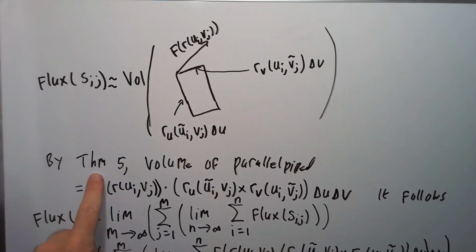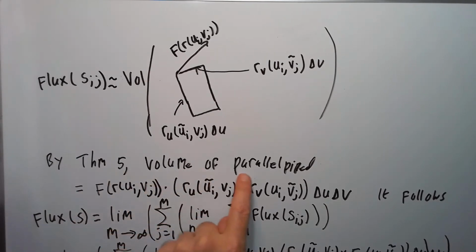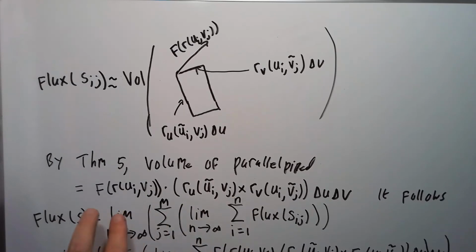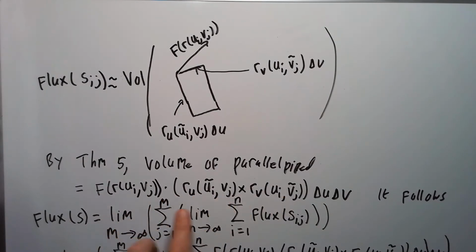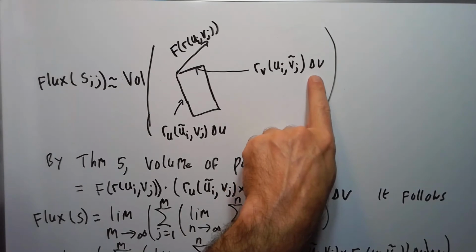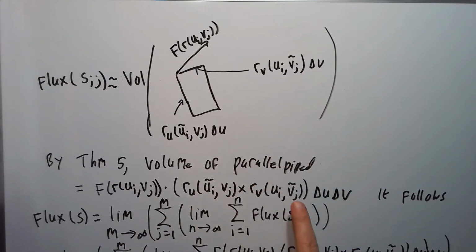By theorem 5, go way back to theorem 5, the volume of a parallelepiped is the vector along the side dotted with the cross product of the two vectors on the base. So it'll be the velocity F dotted with R_U cross R_V, where I'm pulling the delta V and delta U outside the cross product.